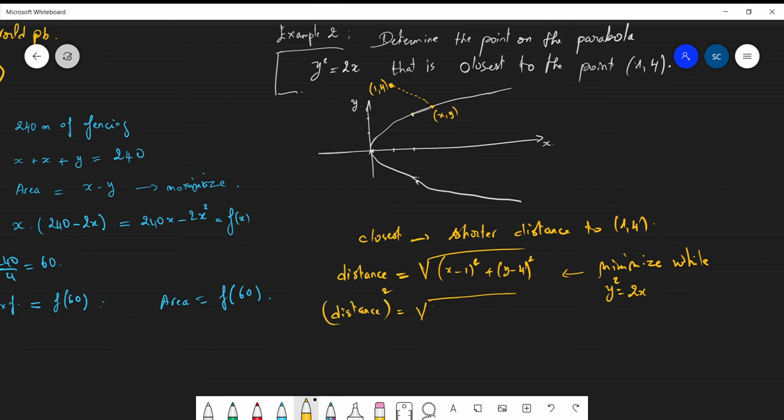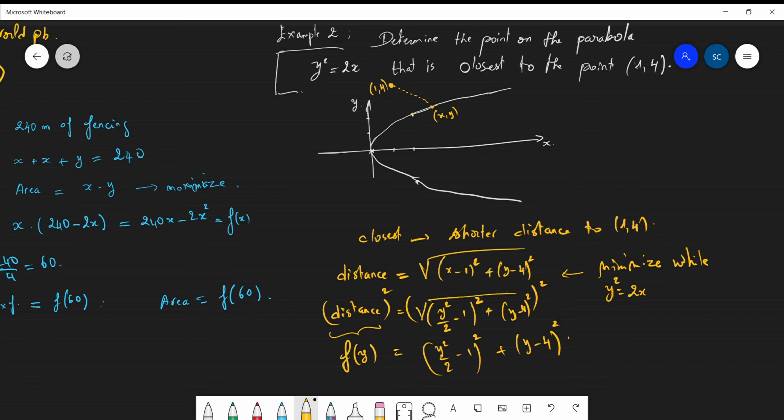So I will have (y2 over 2 minus 1) squared plus (y minus 4) squared. This is my f, I will call it f of y because it depends only on y. And here finally I have something polynomial, which is good.